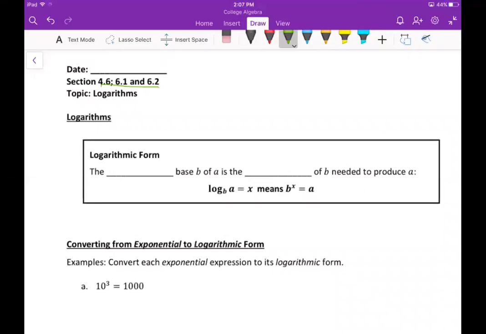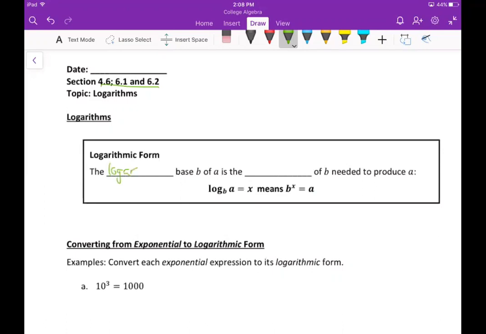As far as the logarithmic form goes, logarithms are the tool that we're going to use in order to solve for that variable if it's trapped in an exponent. So first of all, we have to understand what a logarithm is.